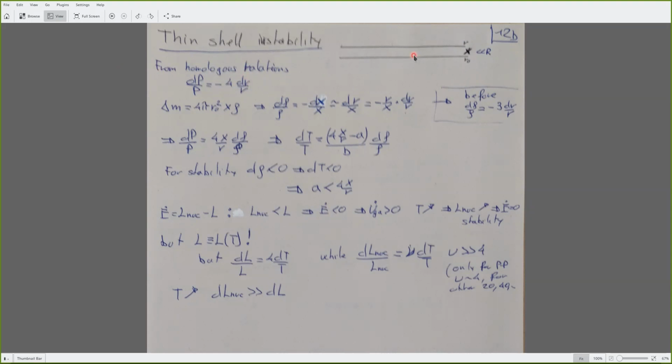That means if in this shell we have a nuclear reaction and we are producing more energy, the shell will start to expand, pushing the layers that are above, expanding everything, and so decreasing the density and decreasing the pressure, because we are going a little further, and we saw that the pressure is lower outside.